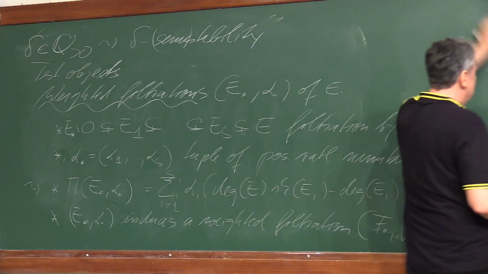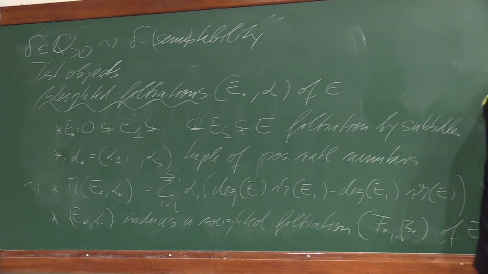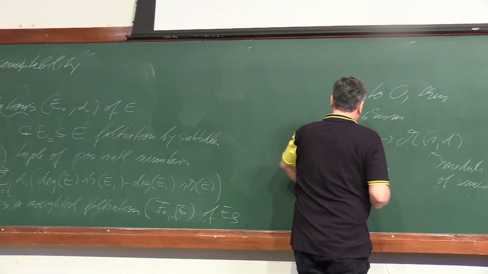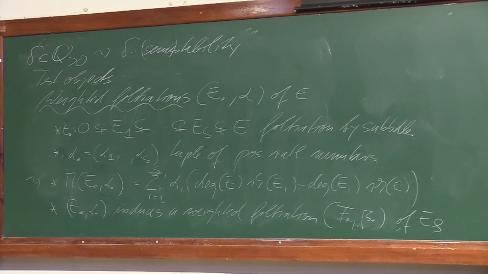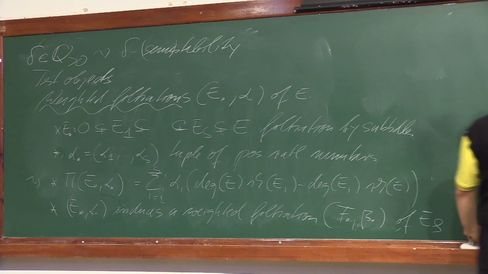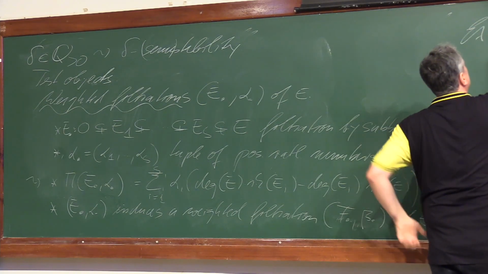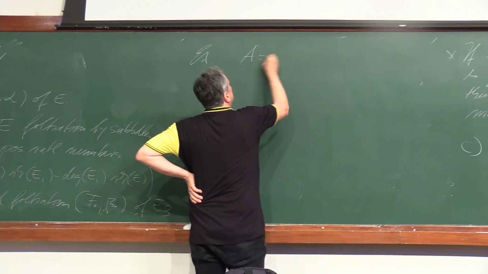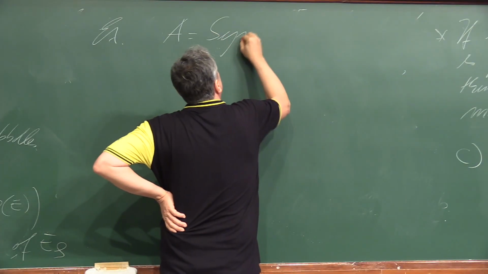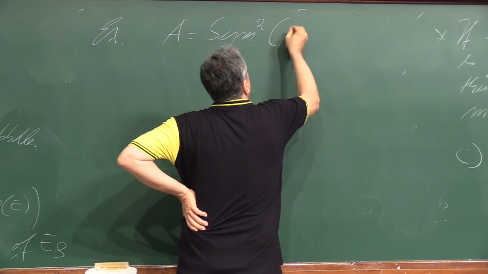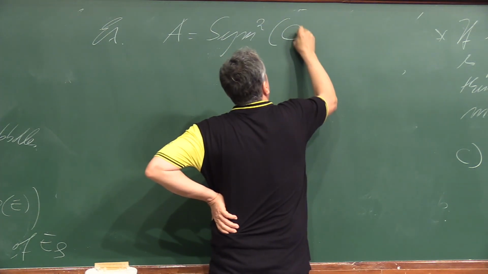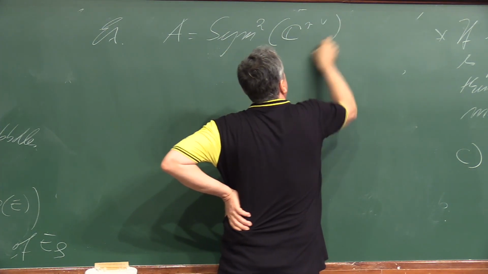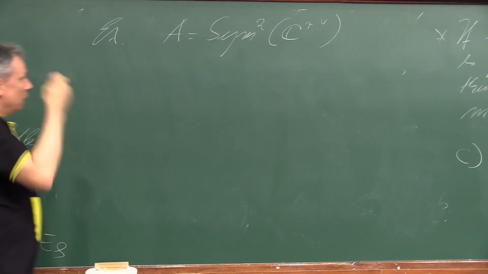As an example, I take A to be the second symmetric power of the dual space of C^R.